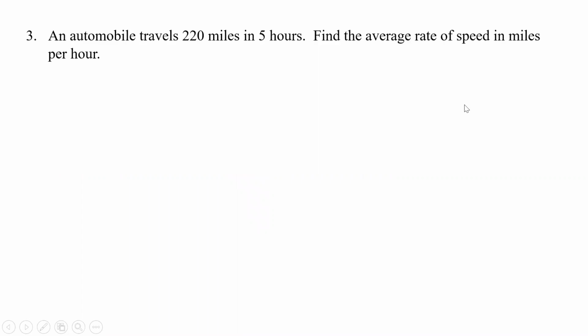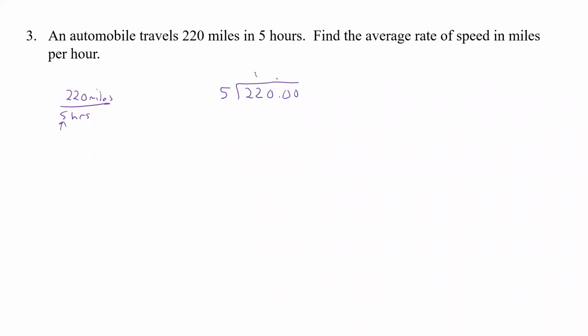All right, an automobile travels 220 miles in 5 hours. What we want to do is find the average rate of speed in miles per hour. All right, so 220 miles in 5 hours. And we want the miles per hour, and so that means we have to divide by 5. So we're going to take 5 into 220, and we'll see what that equals.